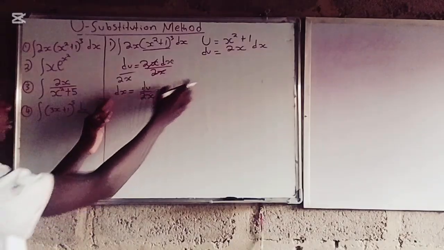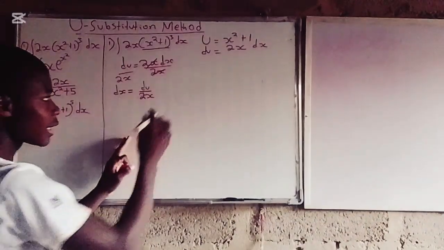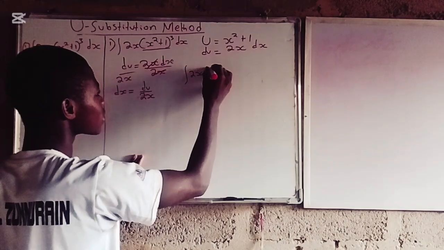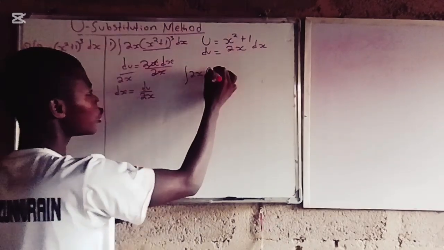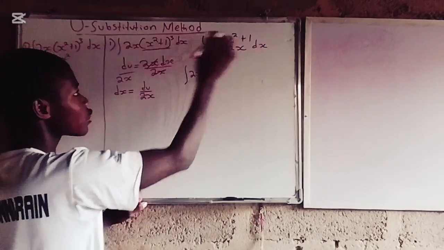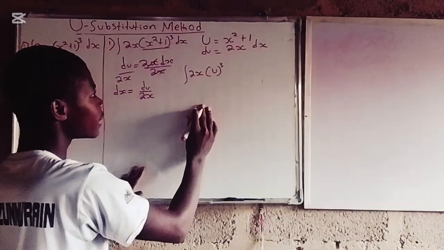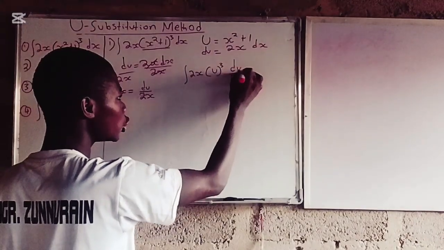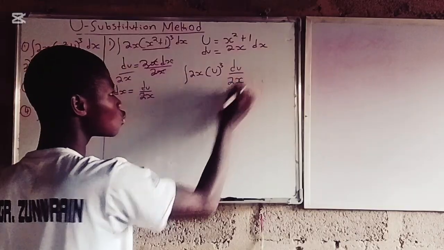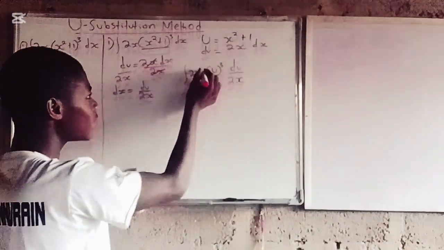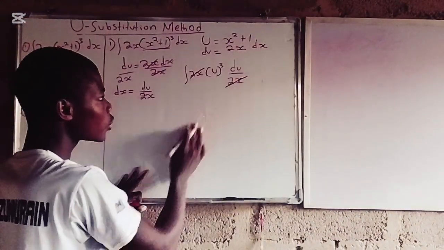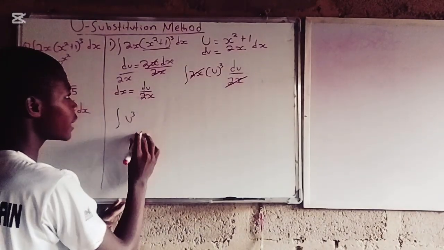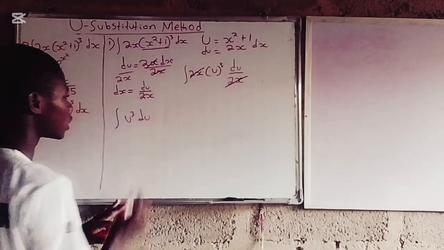So I have to substitute those values into my integral. The integral says 2x times (u) to the power of 3, because I let this be u. What is dx? Dx is the same thing as du by 2x. At the end, 2x will go with 2x. I will end with u cubed du.